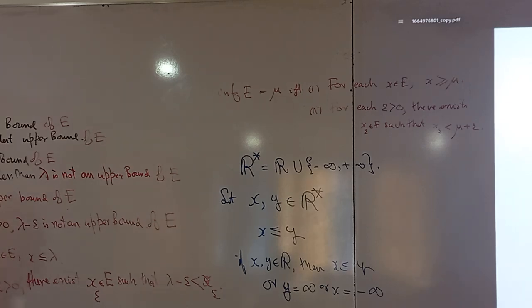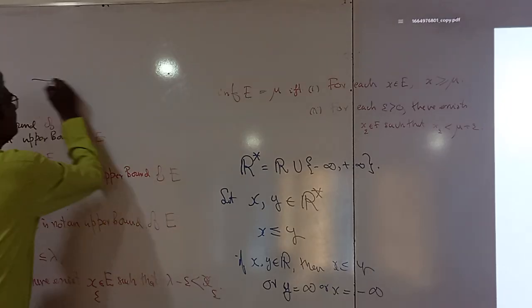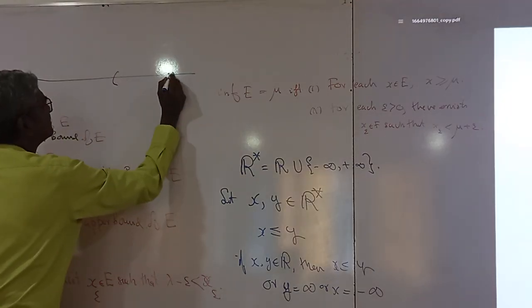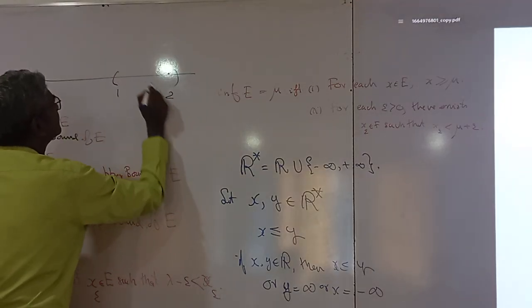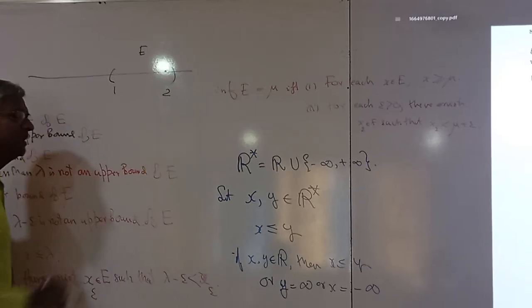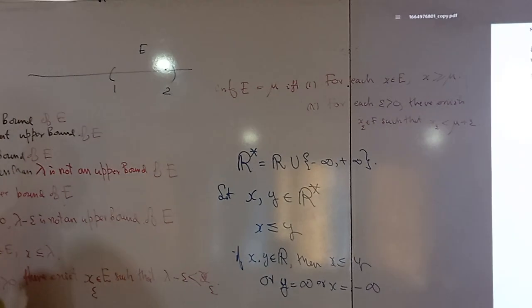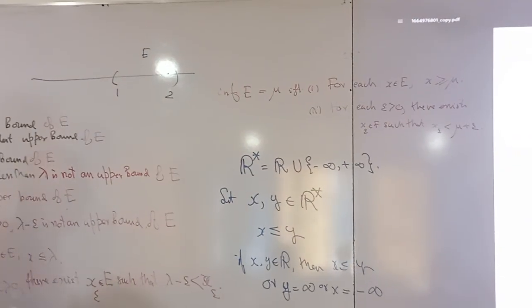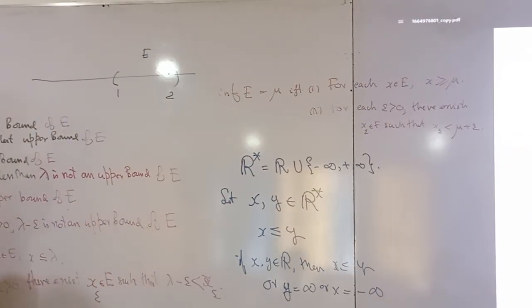Suppose you take a set, E is 1, 2. This is E. So actually we know inf is 1. That is from common sense. But his definition of inf is different.